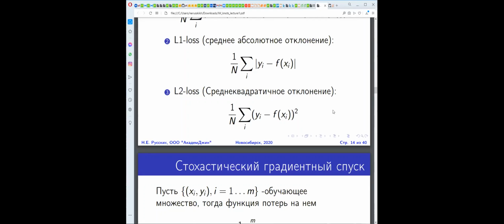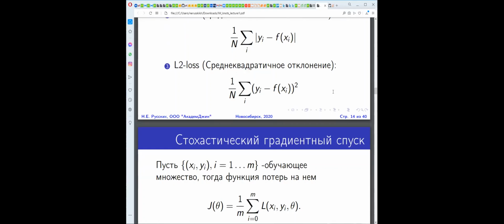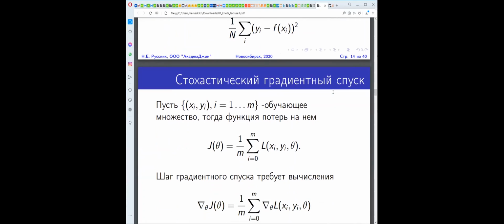Спасибо за вопрос. Предлагаю эти батчи выбирать случайным образом: разбили обучающее множество, например, на 1000 кусков, в каждом из кусочков обновили веса, потом разбили иначе, снова обновили, еще разбили по-другому и так далее.